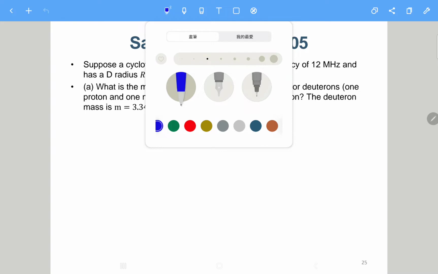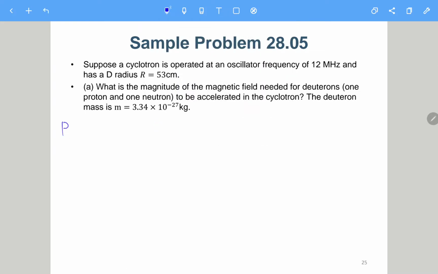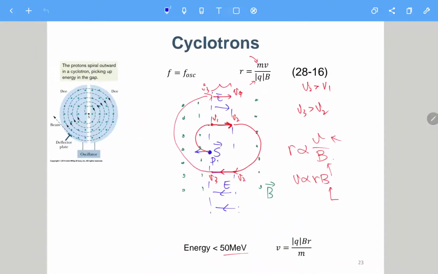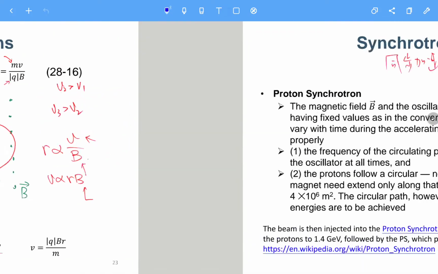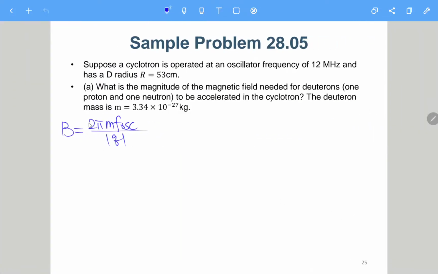So we can simply make use of B equals 2 pi m f oscillate over q, which means we make use of this equation, and then we move everything to the left side except the B. So we have the expression like this, and then we can plug in the numbers. 2 pi times m, which is 3.34 times 10 to the minus 27, times 12 megahertz, 12 times 10 to the 6th power, over q.